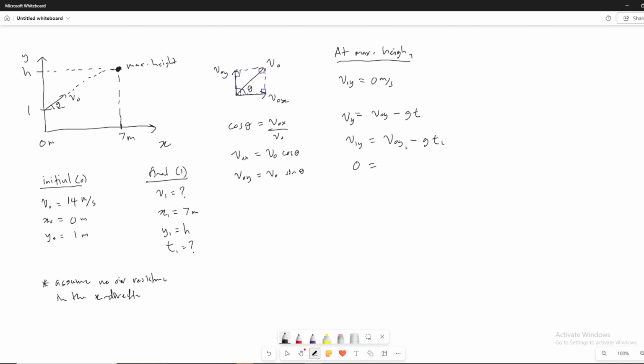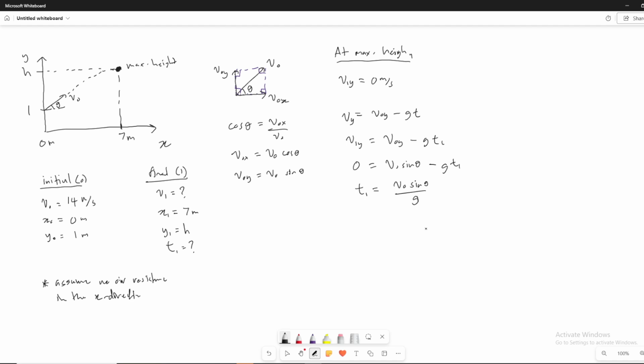V1y is 0, and V naught y is V naught sin theta, minus g t1. So t1 equals V naught sin theta over g. Okay, so this is correct.